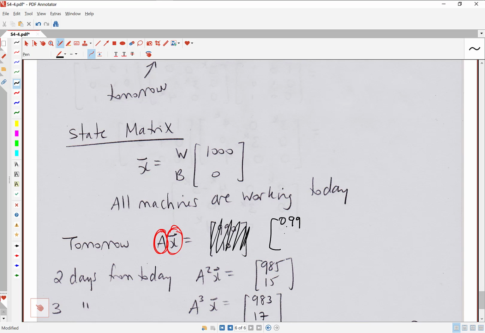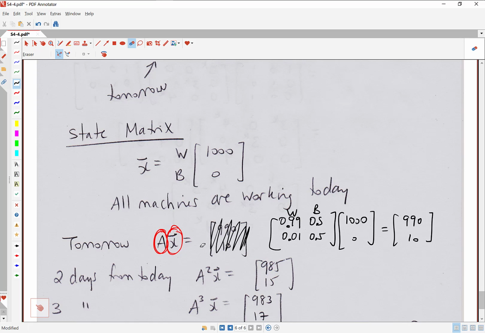Here's our matrix A, and we're going to multiply that by our state matrix, 1,000, 0. The categories, remember, have to match up. If you've got working, broken, then you have to have working, broken in that order. So we were careful to set it up that way. We can just multiply this out, and you can confirm, yep, 990 working, and 10 broken for tomorrow.